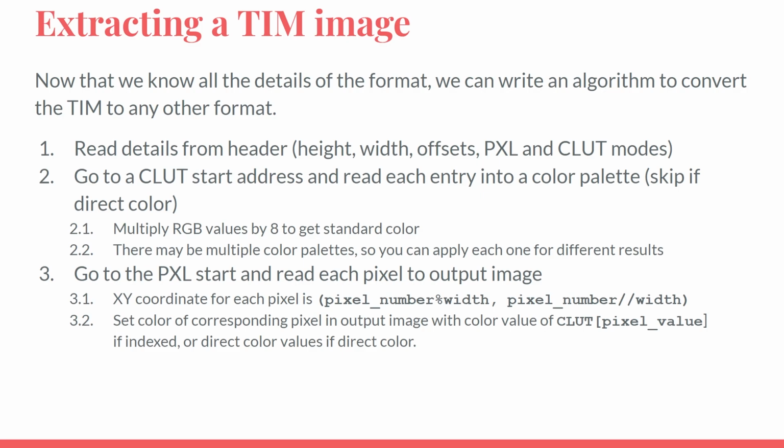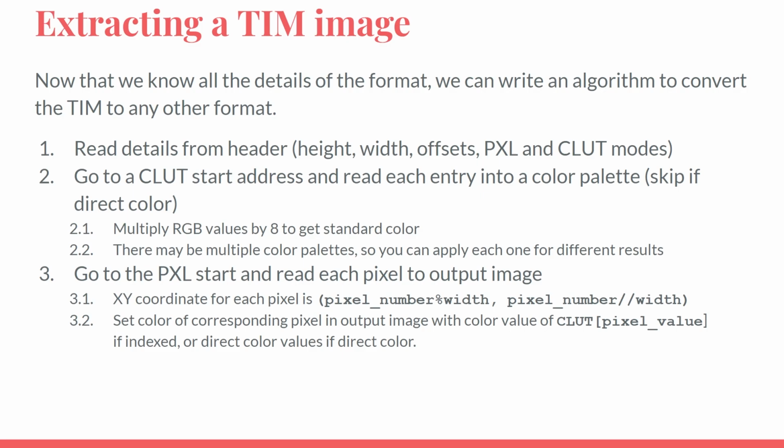We can easily write a program, now that we know how the TIM format works, to extract a TIM. We know how to read the details from the header. We know how to read the height, the width, all the different offsets, and what mode the image is in. So we go to the start of the CLUT, and we can read the data into a color palette. And obviously we skip that step if there is no color palette, if it's in direct color mode.